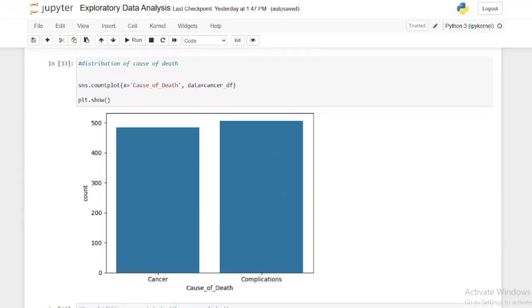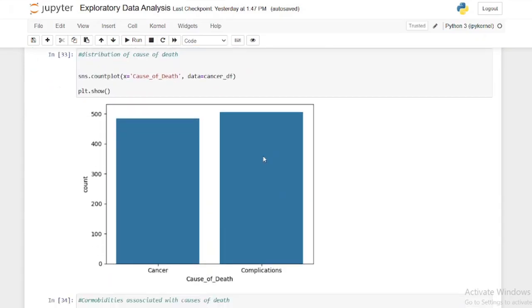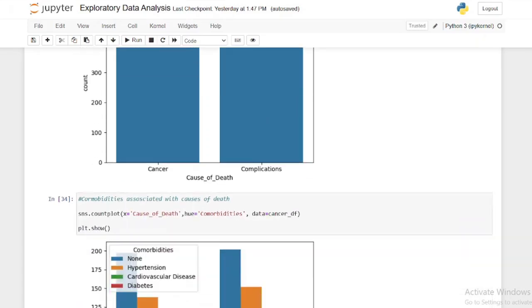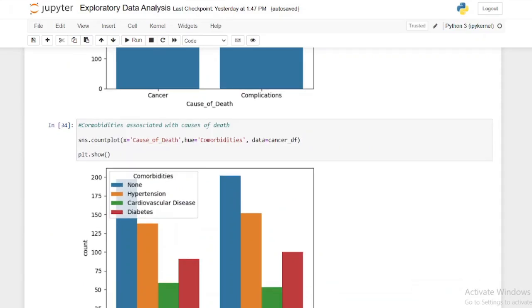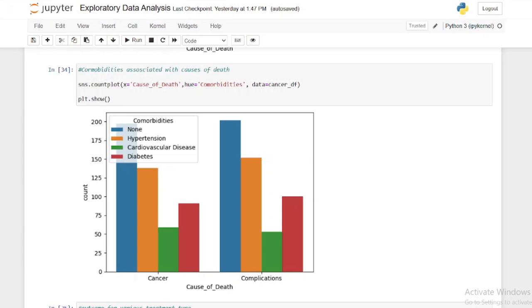So for the cause of death, we had more patients that had complications as a result of cancer, which led to their death. The next thing I looked at was also comorbidities. What are those comorbidities that were associated with the cause of death for these patients? So we have hypertension, cardiovascular disease, and diabetes.